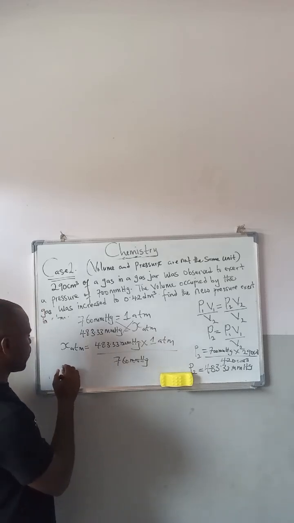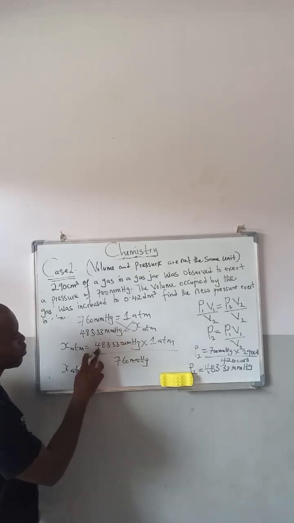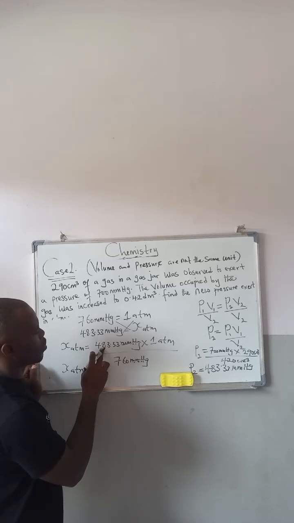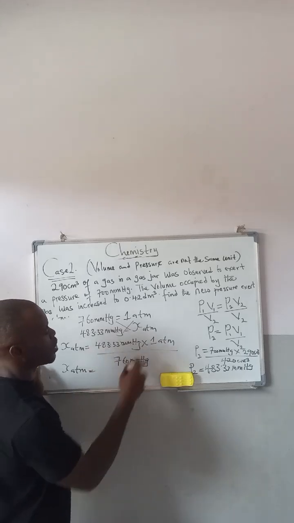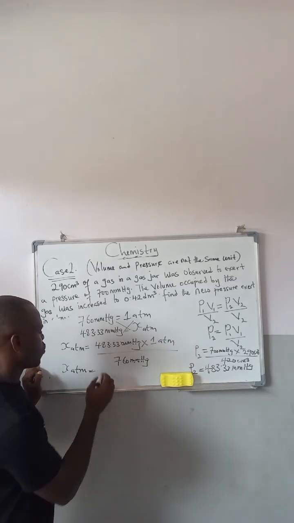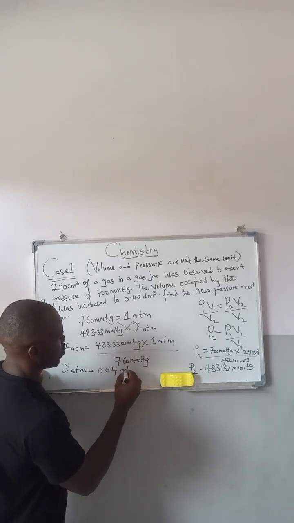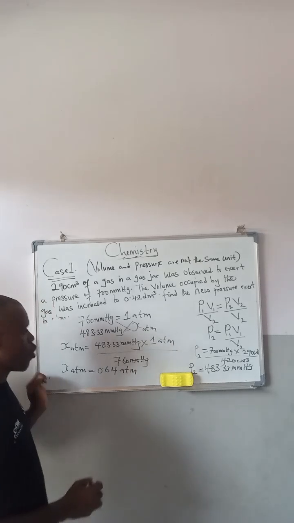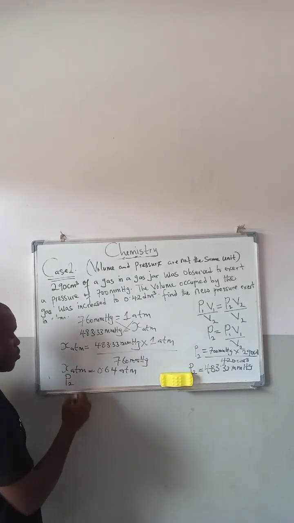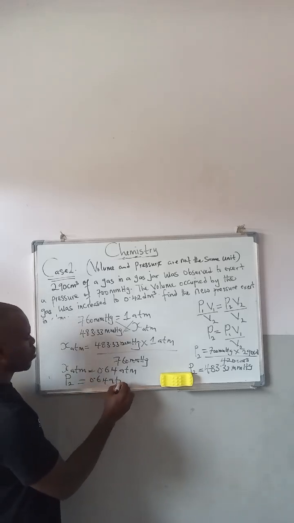So our x atm will now be 483.33 times 1, divided by 760. So we're going to have something like 0.64 atm. So our final pressure is equal to 0.64 atm.